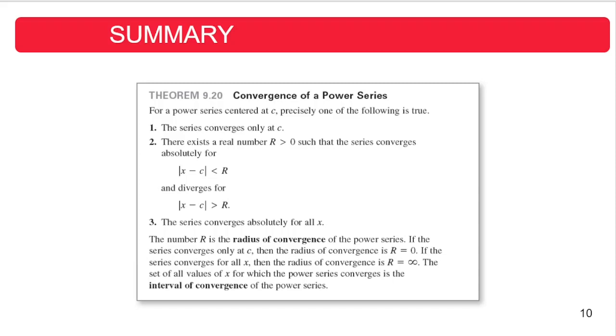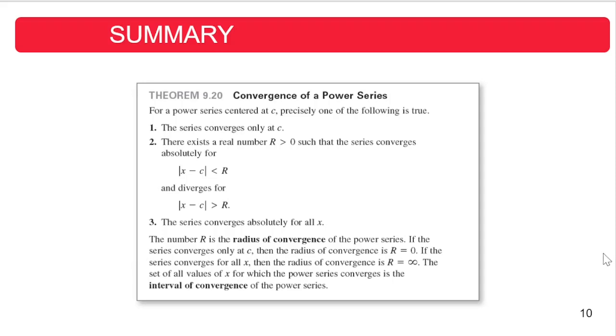So in summary, for a power series centered at C, precisely one of the following is true. Number one, the series converges only at C. Number two, there exists a real number R greater than 0, such that the series converges absolutely for |x - c| < R, and diverges for |x - c| > R. And number three, the series converges absolutely for all x.